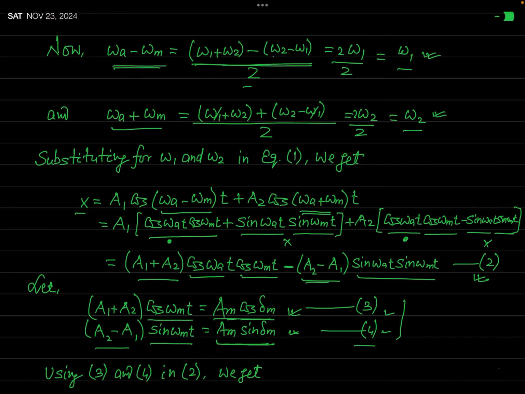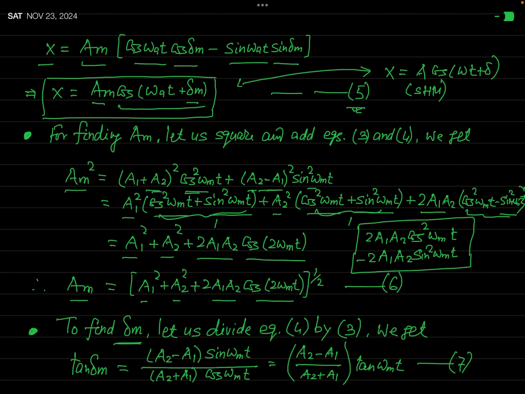When you do it, you will get tan delta m equal to a2 minus a1 sine omega mt over a2 plus a1 cos omega mt. Now, sine omega mt over cos omega mt can be written as tan omega mt. So, tan delta m is equal to a2 minus a1 over a2 plus a1 times tan omega mt.